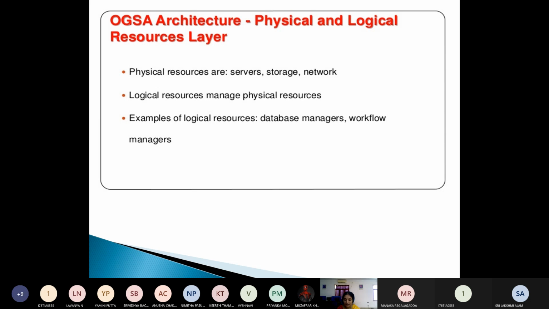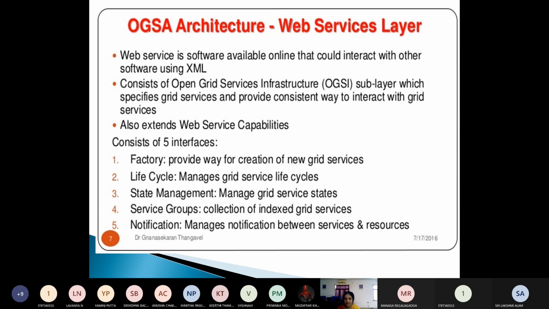It consists of the Open Grid Services Infrastructure, the OGSA sublayer, which specifies the grid service and provides a consistent way to interact with grid services.